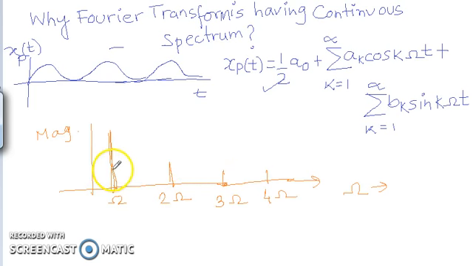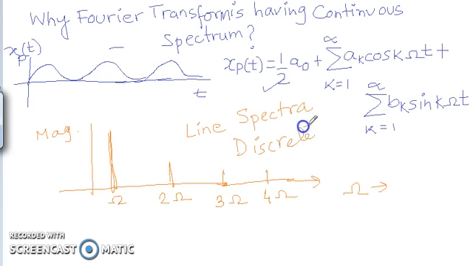They are represented by lines. So, these are known as line spectra. This is not a continuous spectra. They are distant apart by omega amount of frequency. So, this is called line spectra or discrete spectra.